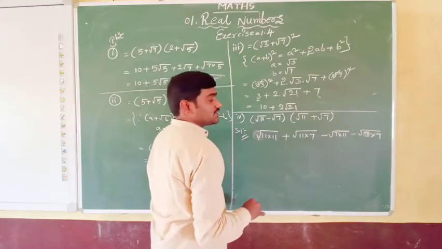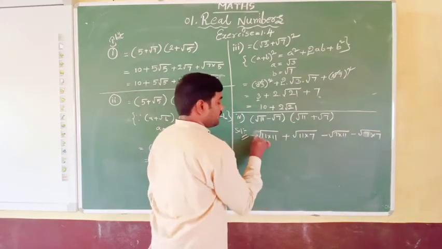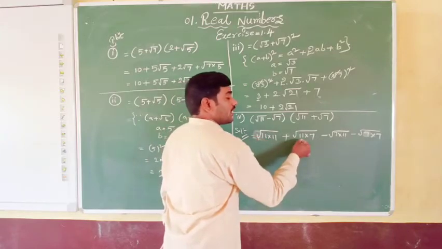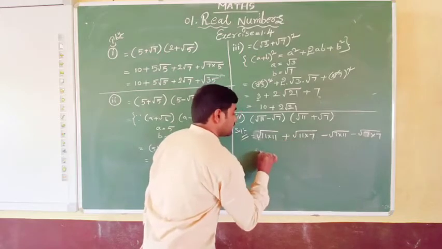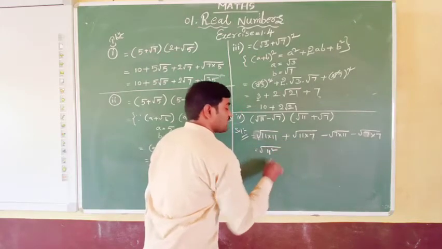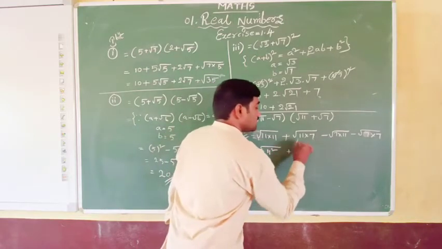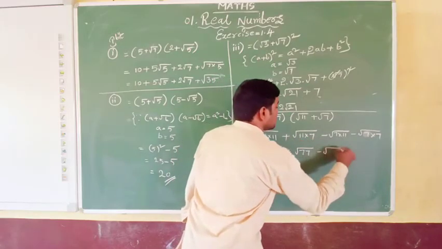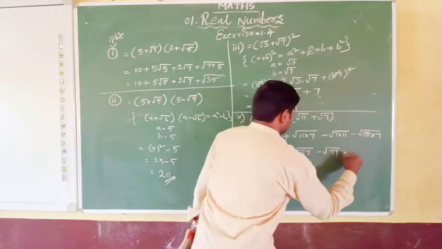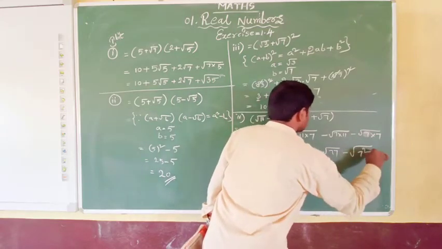So what we get here: 11 into 11, we can write 11 square, plus 11 into 7, 77, minus 7 into 11, that is 77, minus 7 square.